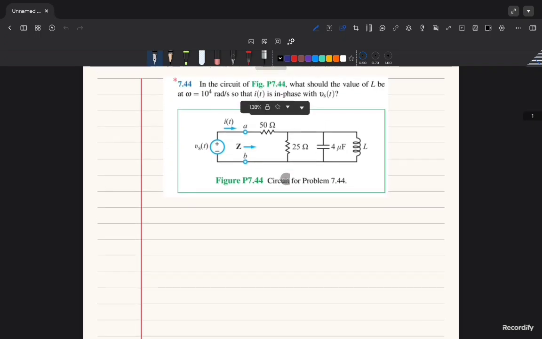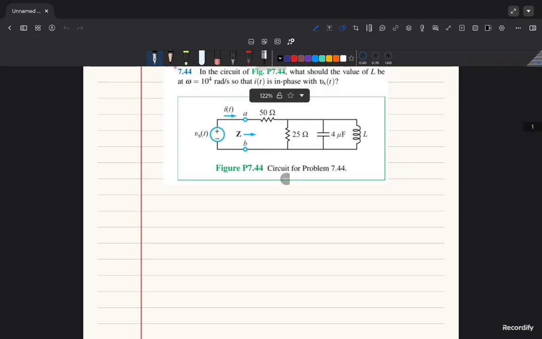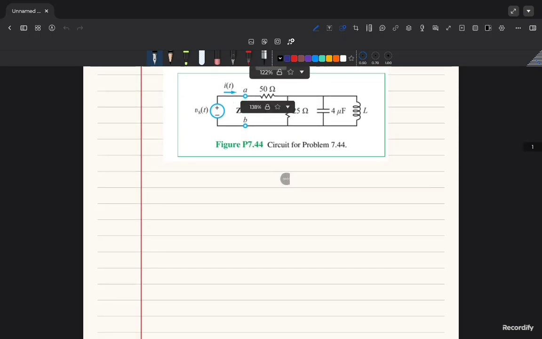Alright, we can see that there are two resistors, one capacitor and one inductor. Let's convert our components into the frequency domain with the given omega. Start off with the capacitor.